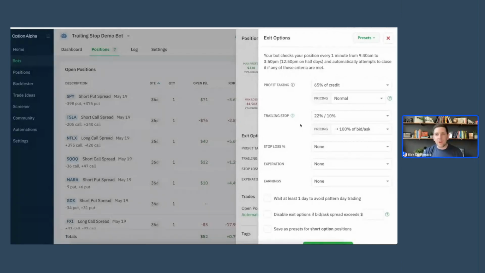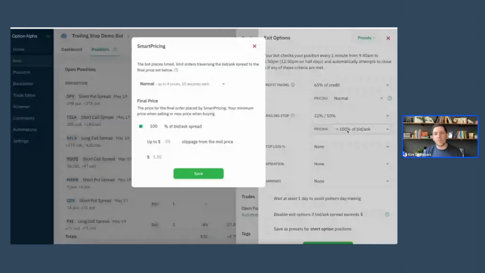Now, really quickly, when you have your trailing stop, like all the other ways you can exit using exit options, you can set how the orders go over to the market. You can say, if I hit a trailing stop, I want to use fast, smart pricing and 100% of the bid-ask spread. We'll go through the bid-ask spread, slippage, and guards in a little bit.